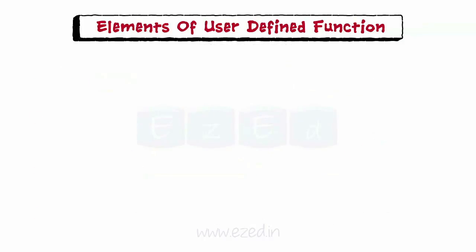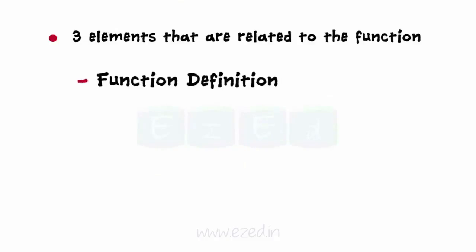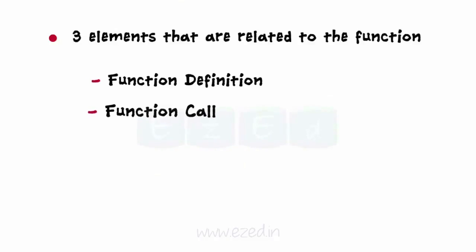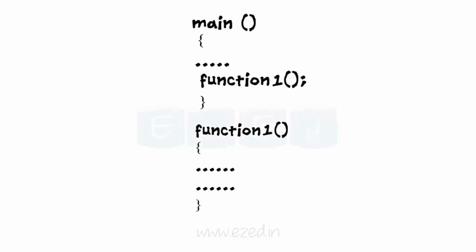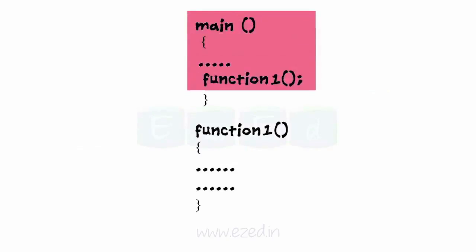In order to use a user-defined function, three elements related to the function should be considered: function definition, function call, and function declaration. The function definition is a module of code specifically written to implement a task. In order to use this function, we have to invoke the function at the right place.